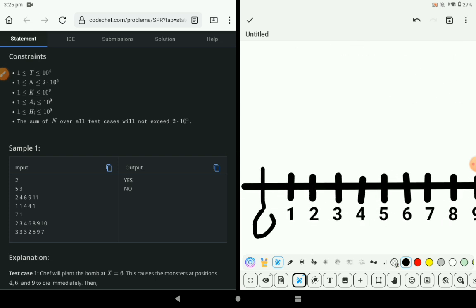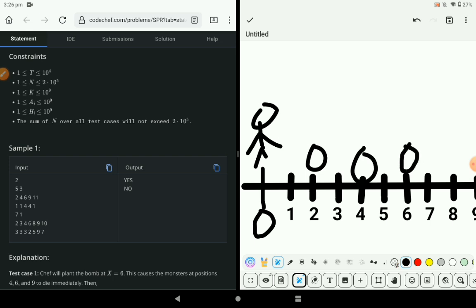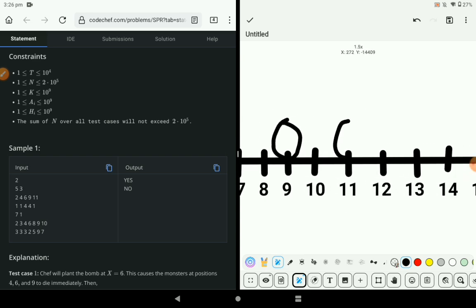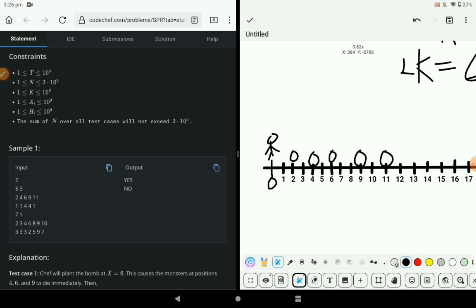Basically the chef is present at position 0, and the first monster is at 2, then 4, then 6, then 9, and then 11th. Is that clear? Subsequently 5 monsters are there and their healths are 1, 1, 4, 4, 1.